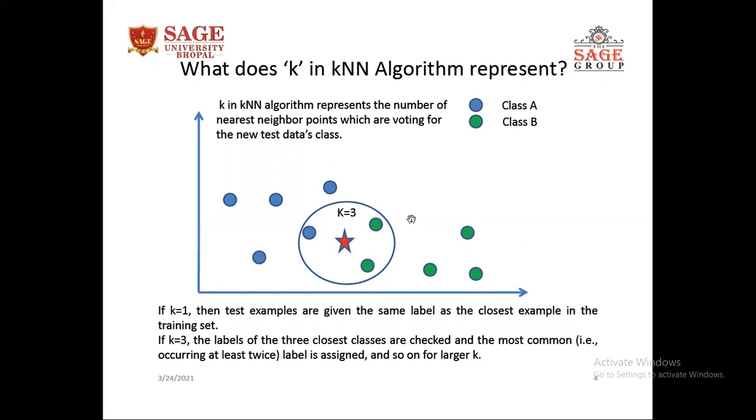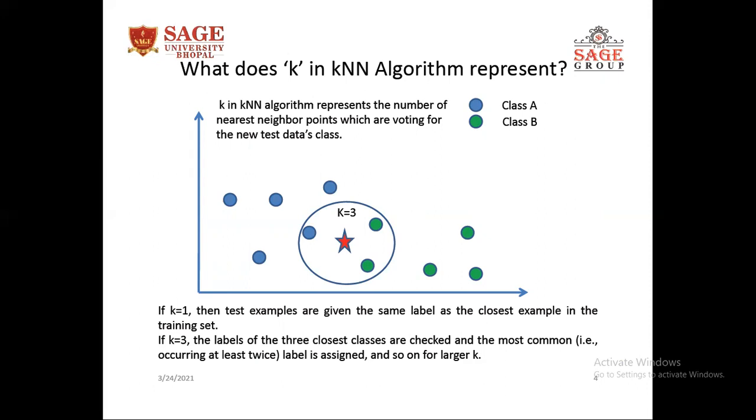So you can choose the value of k equal to 5. You can choose the value of k equal to 7. So you should select the value of k in odd numbers. And one more thing, when assigning the value of k, it should be remembered that if you select a smaller value of k, it introduces noise in your training data.